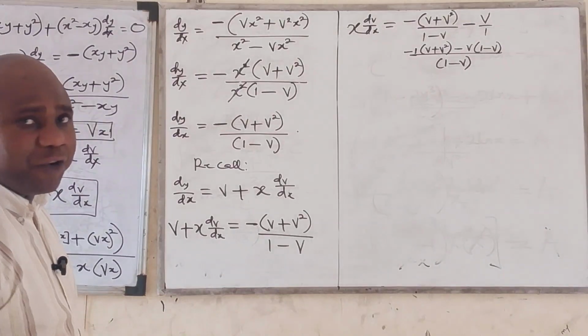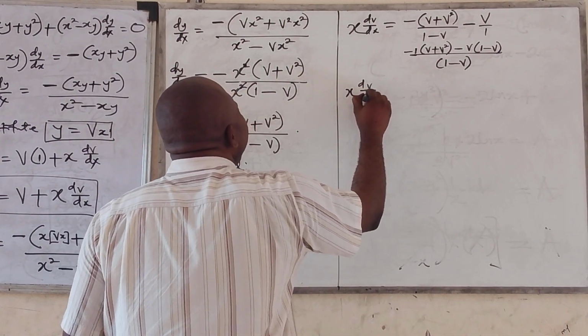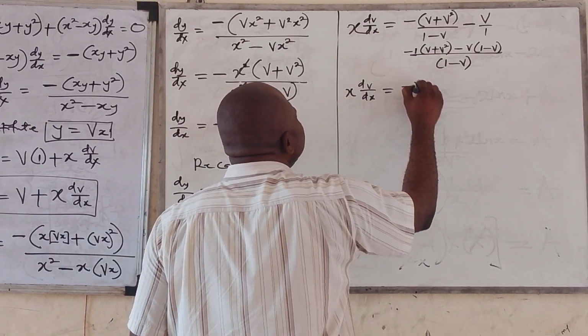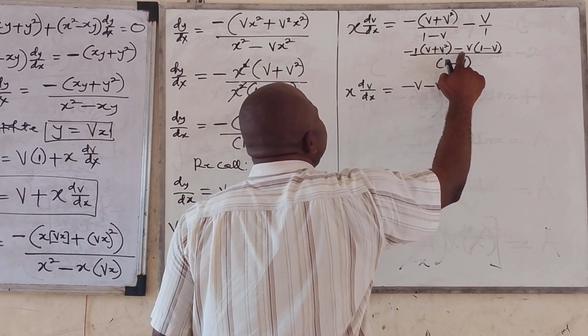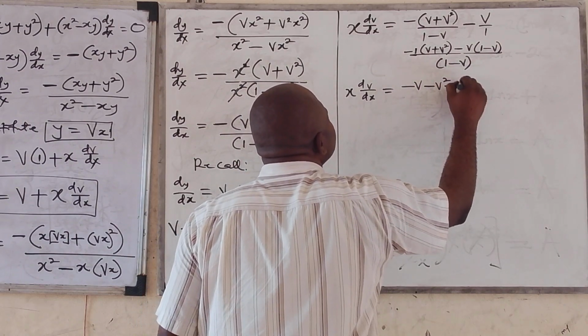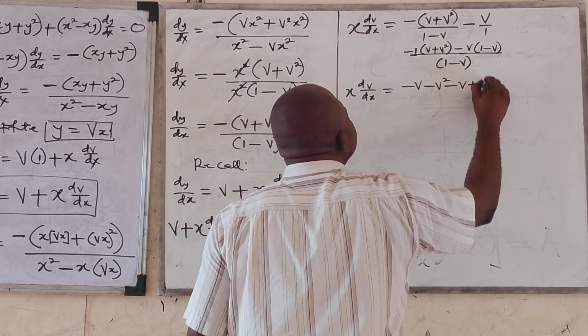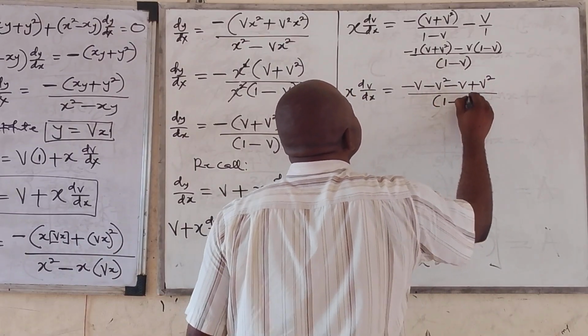So it therefore means that x dv/dx will be equal to minus 1 times v is minus v. Minus 1 times v squared is minus v squared. Minus v times 1 is minus v. Minus v times minus v will be plus v squared. All over 1 minus v.